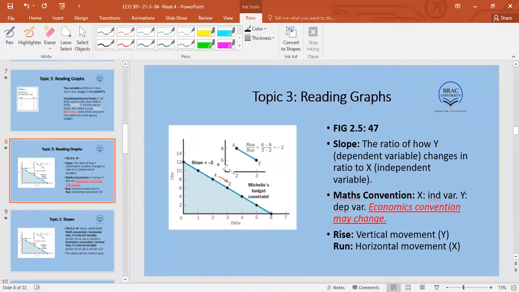Yes, sir. If I say run, can you visualize yourself moving along the horizontal axis, left to right or right to left? Yes, sir. So that's why the slope is defined as rise by run, which is actually del y by del x. Now this is the mathematics convention. এখানে স্লোপটা হচ্ছে -2, ঠিক আছে?